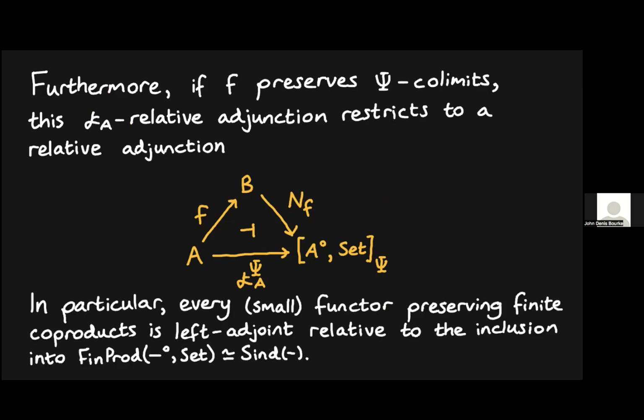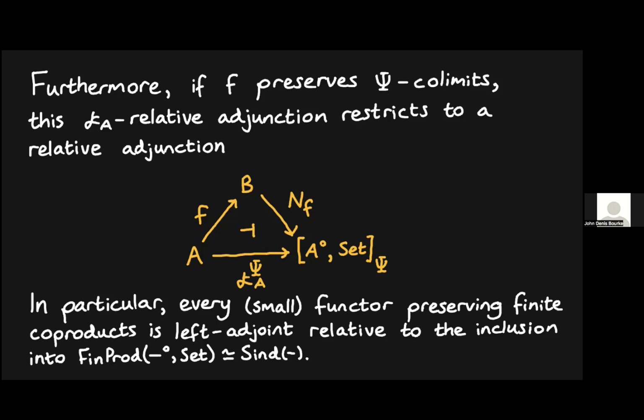If we take for our motivating example Psi to be the small discrete categories, then this says that every small functor which preserves finite coproducts, we're assuming the domain has finite coproducts, is automatically left adjoint relative to the inclusion into the finite-product-preserving presheaves on the domain.